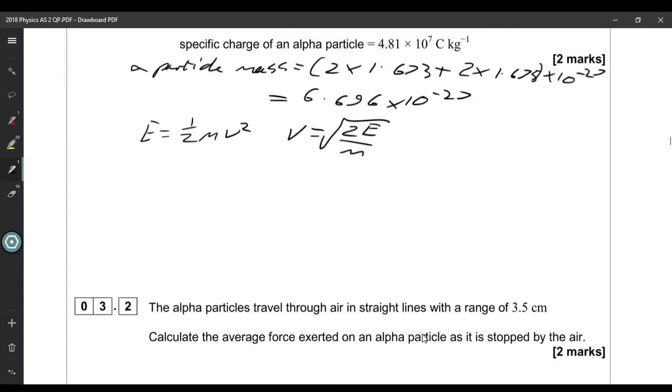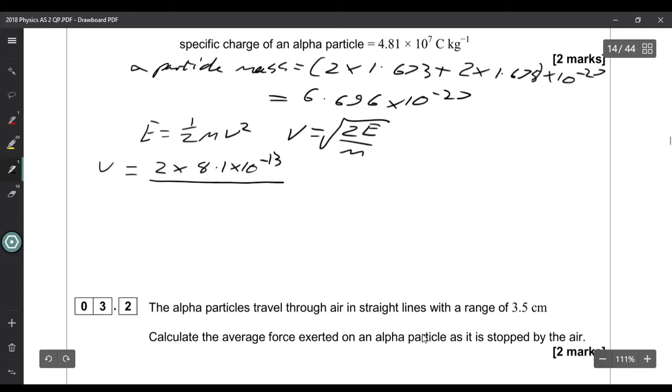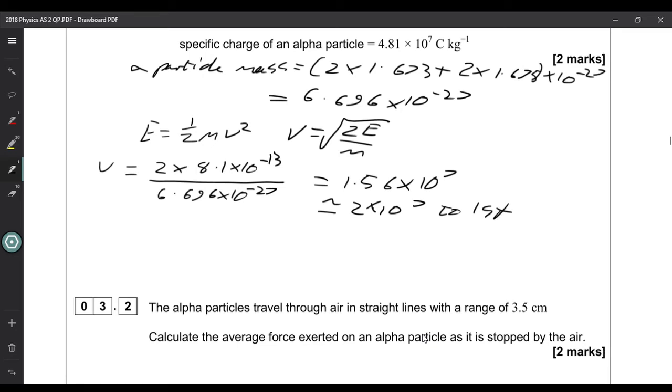If we plug these values into the equation, we get v equals 2 times 8.1 times 10 to the minus 13, being given, divided by the mass that we just calculated, which was 6.696 times 10 to the minus 27, and that gives us 1.56 times 10 to the 7, which is approximately equal to 2 times 10 to the 7 to one significant figure, which is what we've been asked to show in the question.